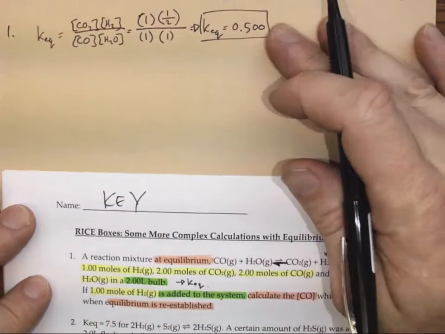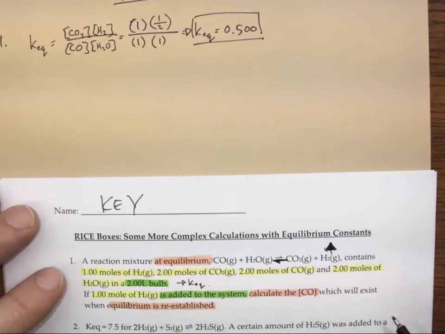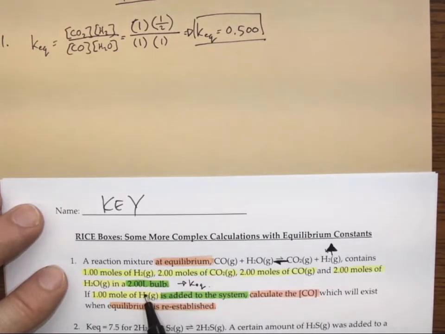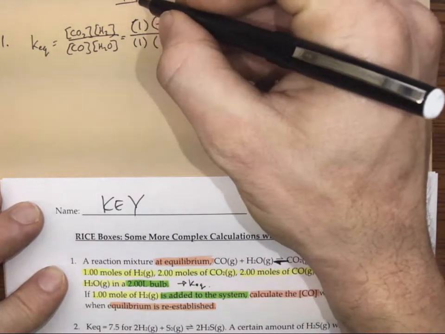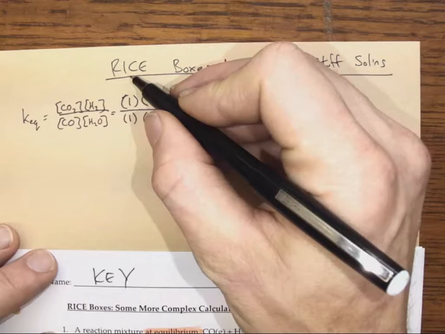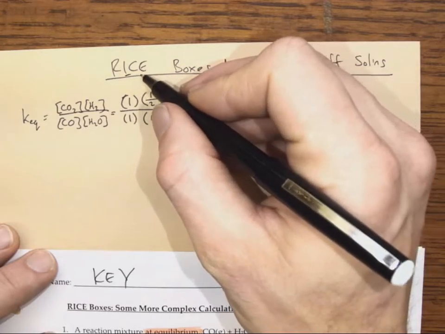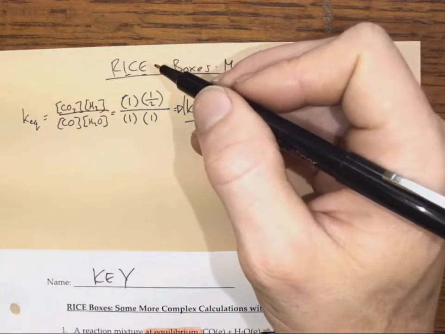Well, let's find out. This sounds like we're going to need a rice table. We have initial conditions, and then we're looking at equilibrium, comparing across from initial to equilibrium. Those are the I and E in ice tables, or pardon me, rice boxes.